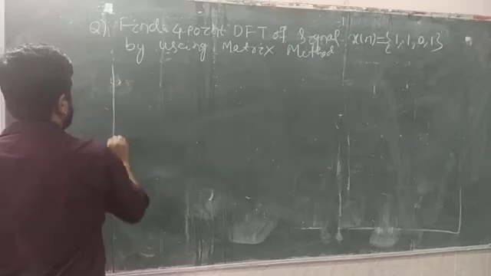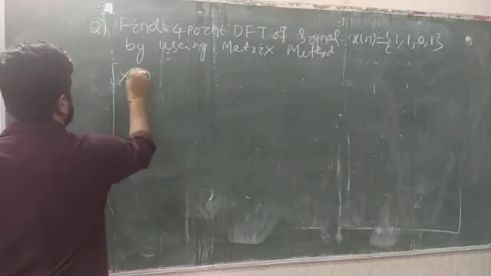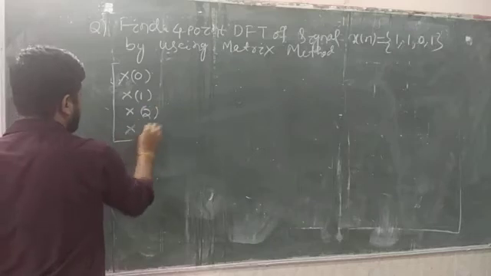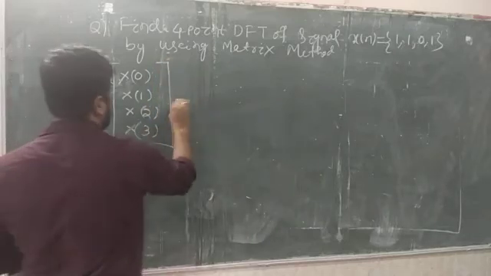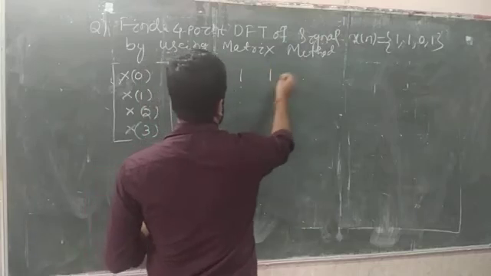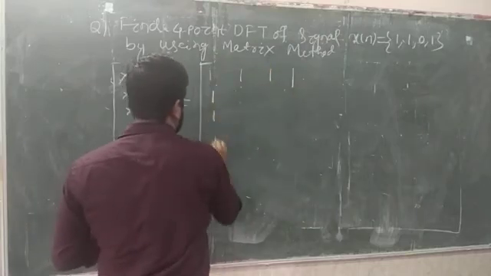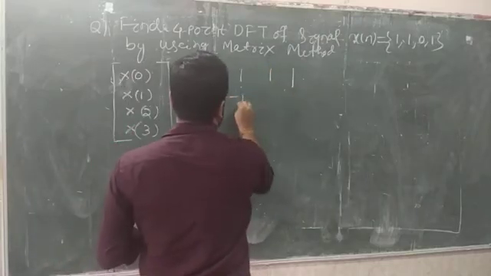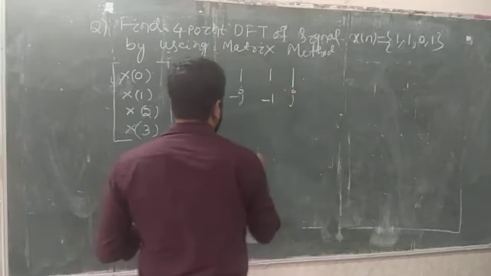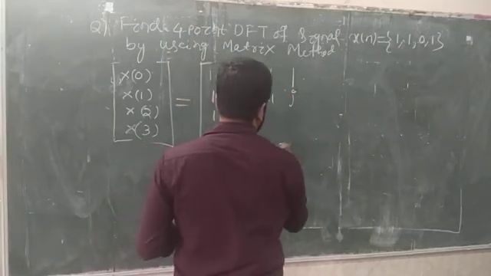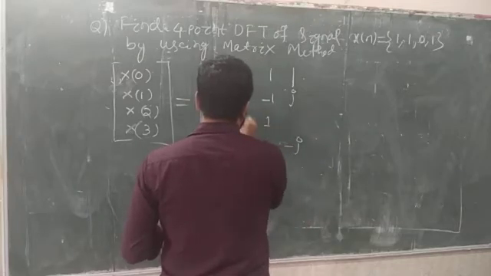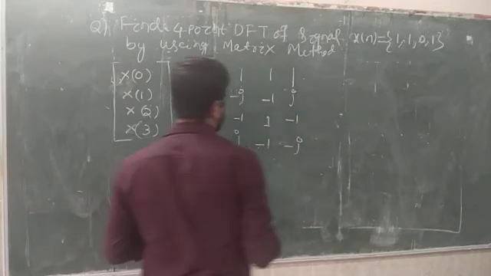That will be written like this: X(0), X(1), X(2) and X(3), and here the matrix will be 1 1 1 1, then 1 1 1, then minus j plus j, then minus 1, and then j minus j, then 1 minus 1 minus 1 and then minus 1.